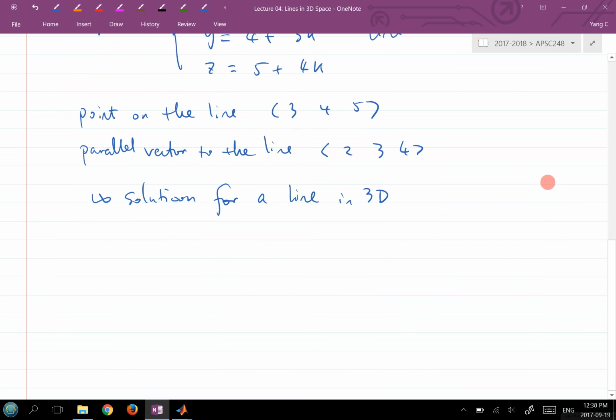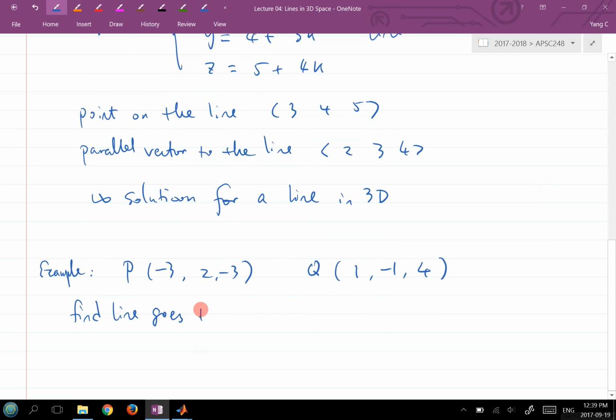Okay, so let's go over a few examples purely on lines. I'll give you two points, P and Q, and ask you to find the line that goes through these two points. This is the first type of question I was talking about: I give you some information and ask you to find the line equation.